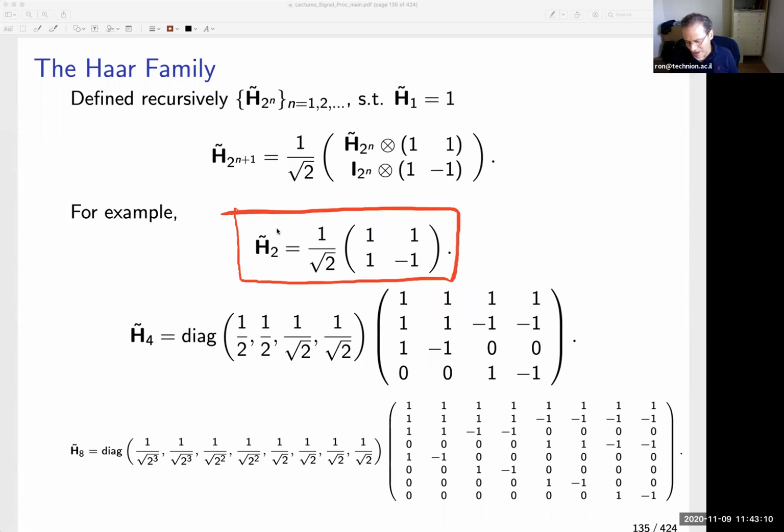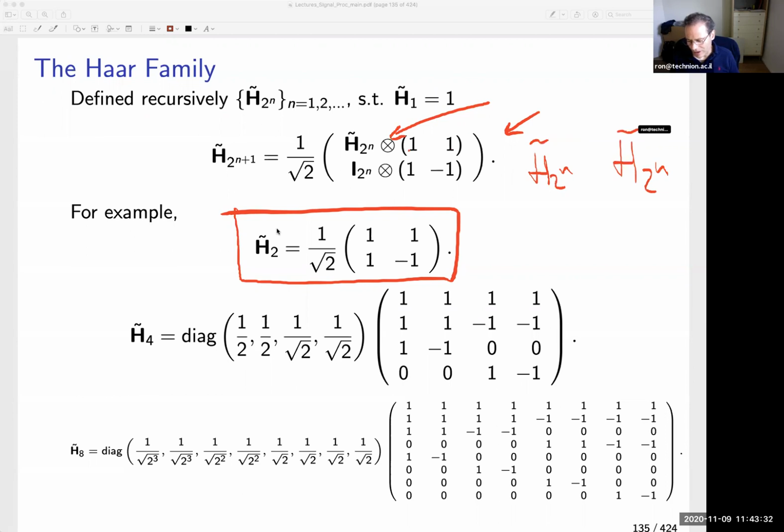And then the way of constructing the next layer is taking the Kronecker product of this H with 1, 1. It would mean copying H to here and H to here.